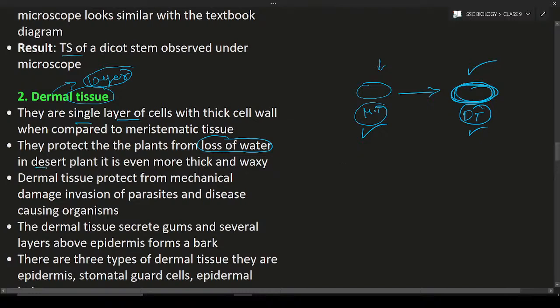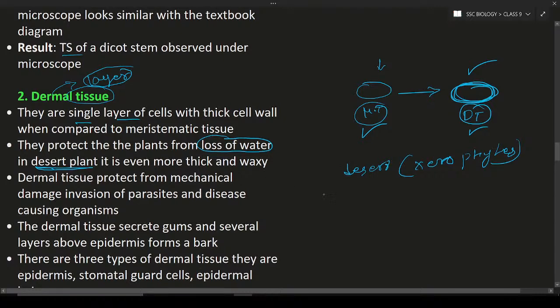In desert plants also, what are desert plants? Desert plants are nothing but the plants which grow in the desert. We can call them xerophytes. Xerophytes are plants that live in less water conditions or less water areas. Examples are opuntia and cactus.